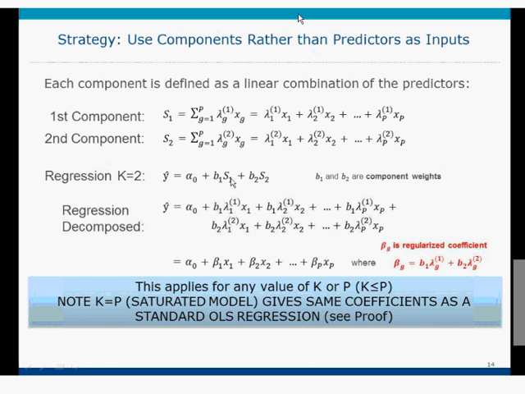Now, how do we get back to the coefficients for the original predictors? Well, it turns out to be very easy.